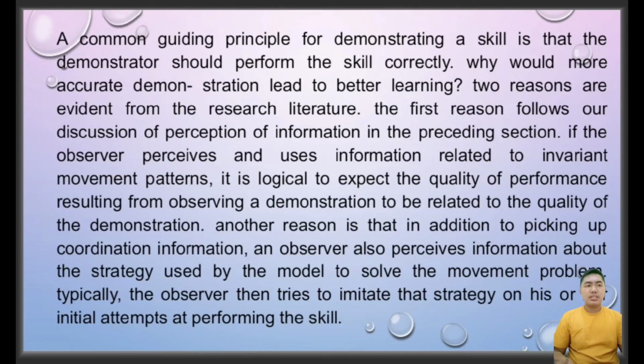The first reason follows our discussion of perception of information in the preceding section. If the observer perceives and uses information related to invariant movement patterns, it is illogical to expect the quality of performance resulting from observing a demonstration to be unrelated to the quality of the demonstration.